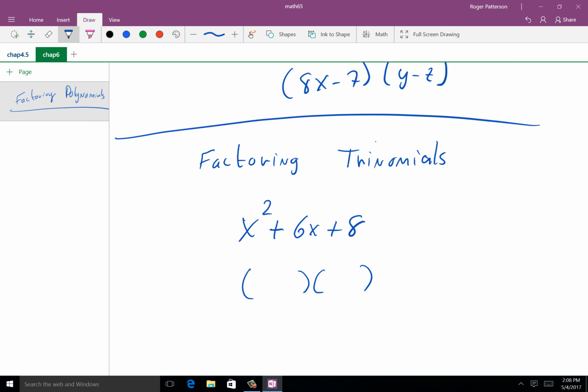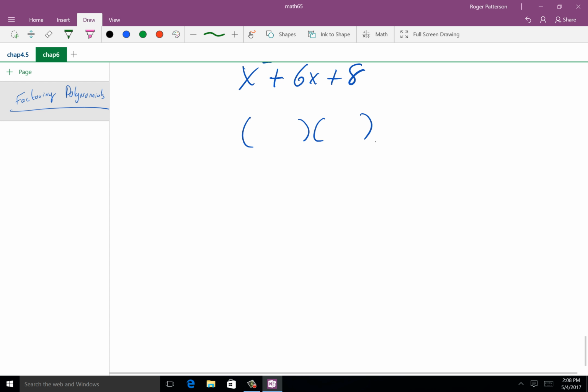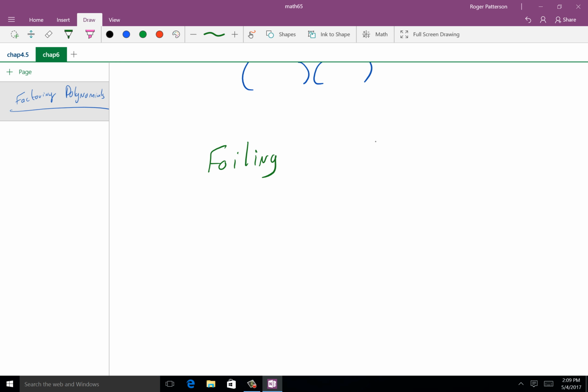Well, let's review foiling for a second. So I want to change colors here to a green. Talk a little bit about foiling. Let's say that we have x plus 3 and x plus 5. Now we know that when we FOIL, we're going to take these first two and multiply them. That's where the x squared comes from.